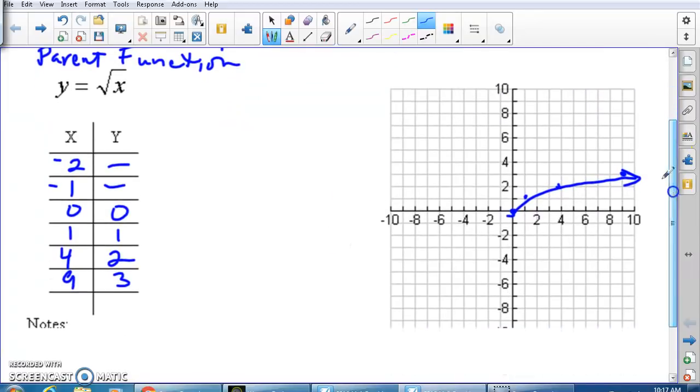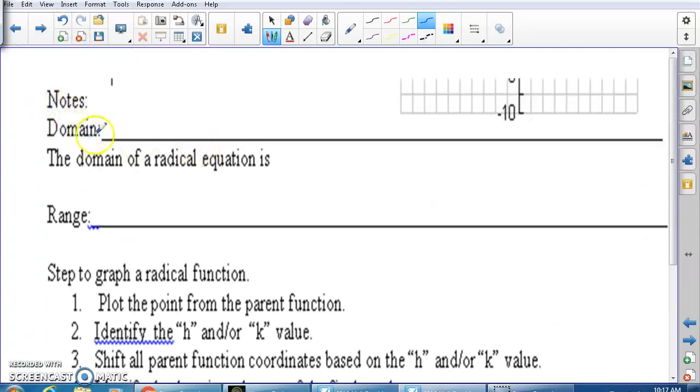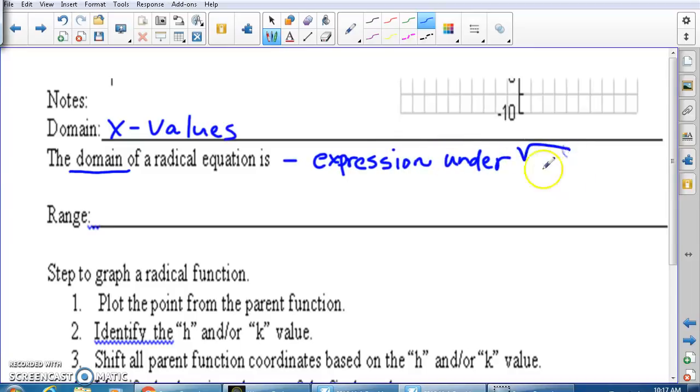What we're going to be looking at in this unit, or this section, is the domain. So the domain are the x values for the function, and the domain will be restricted. To find the domain of a radical equation, we're going to take the expression under the square root, write that, set it greater than or equal to 0, and then solve.